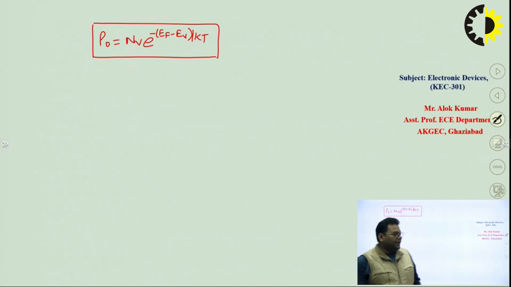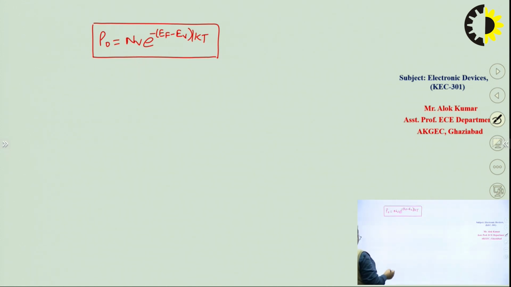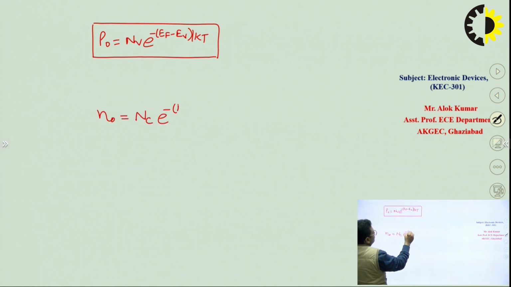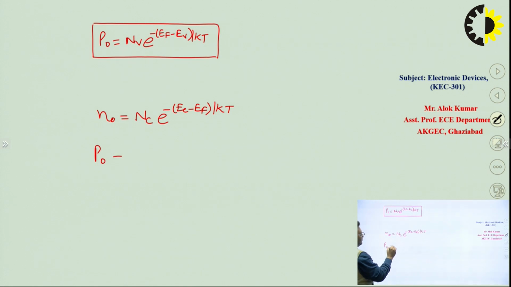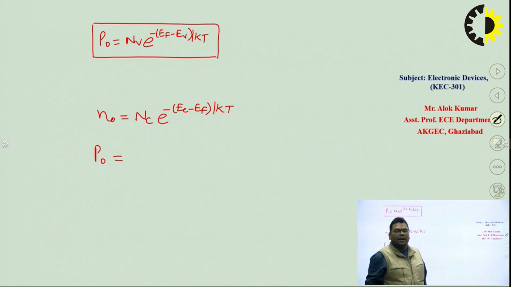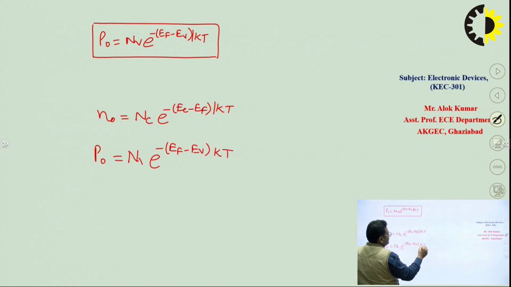So we have calculated two equations. One, the concentration of electrons in conduction band: N naught is equal to NC e to the power minus EC minus EF upon KT. And next we have calculated P naught, the concentration of holes in valence band: P naught is equal to NV e to the power minus EF minus EV upon KT.